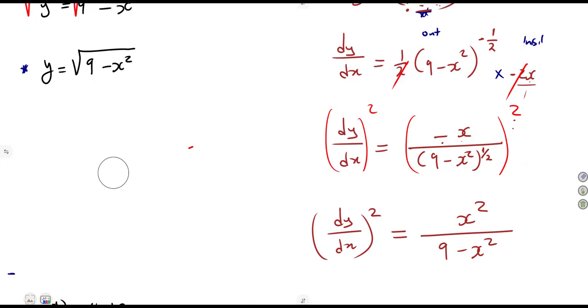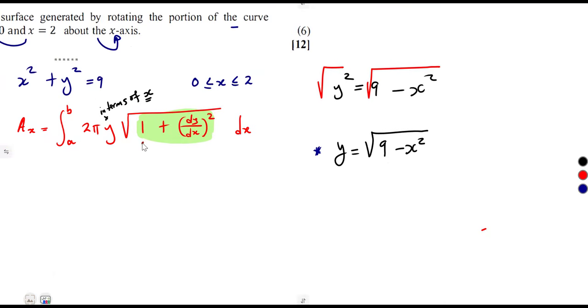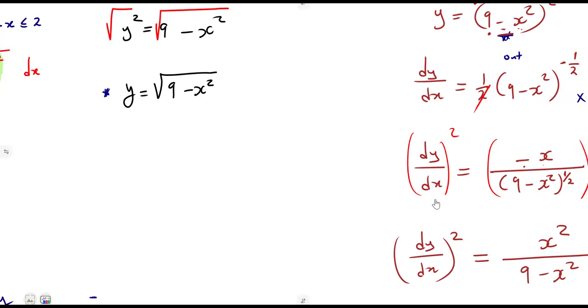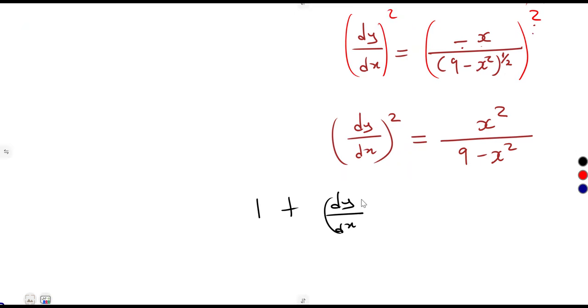So this is what you obtained, and we must add a 1. 1 plus. So adding a 1 to what we already have here, this is what it was going to look like: 1 plus dy dx squared.